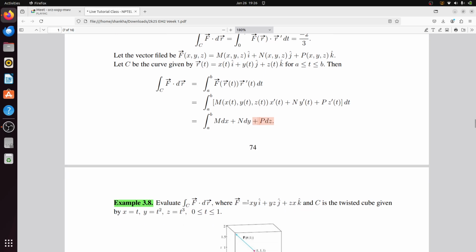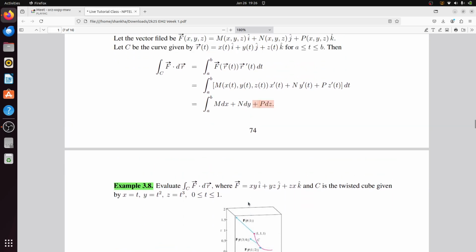So I am giving you a fresh problem. You solve this fresh problem. You need to evaluate the integral over C of F dot dr. Your F is xy i cap plus yz j cap plus zx k cap, and C is the twisted cubic given by x equal to t, y equal to t square, and z equal to t cube, where t is varying from 0 to 1.